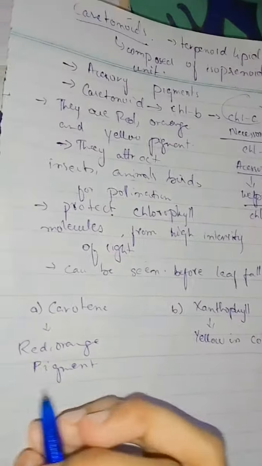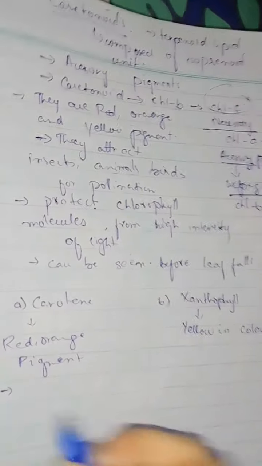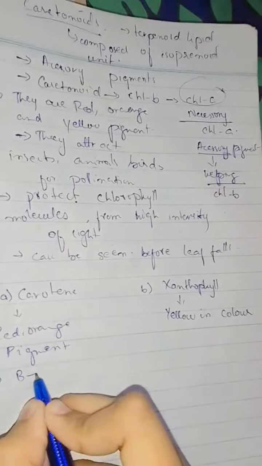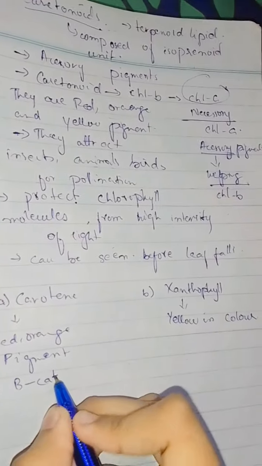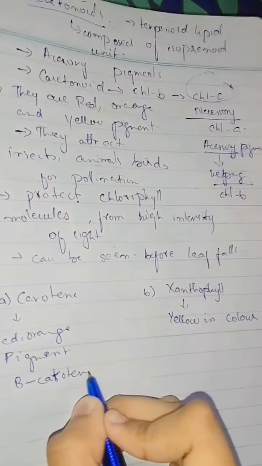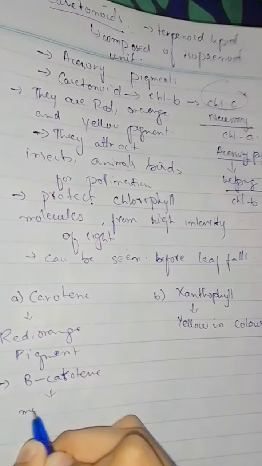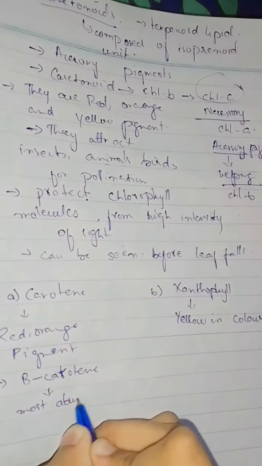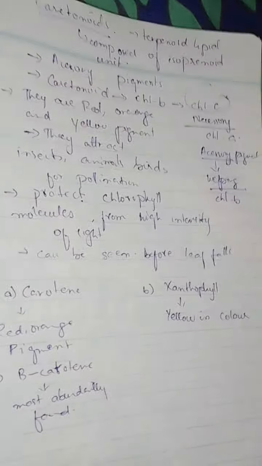So carotene is a red orange pigment, and the most abundantly found carotene is beta carotene, found in nature.